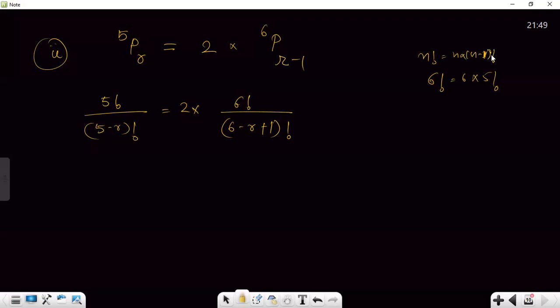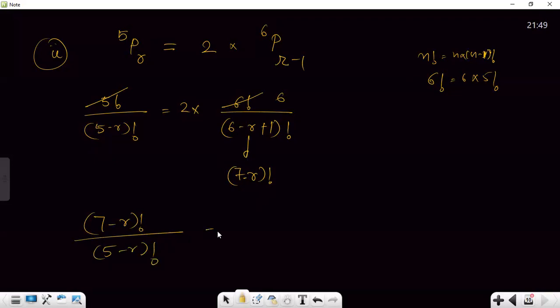So 5 factorial cancels, 6 factorial by 6 becomes (7 minus r) factorial. Let's cross multiply it. (7 minus r) factorial divided by (5 minus r) factorial equals 2 into 6, which becomes 12.